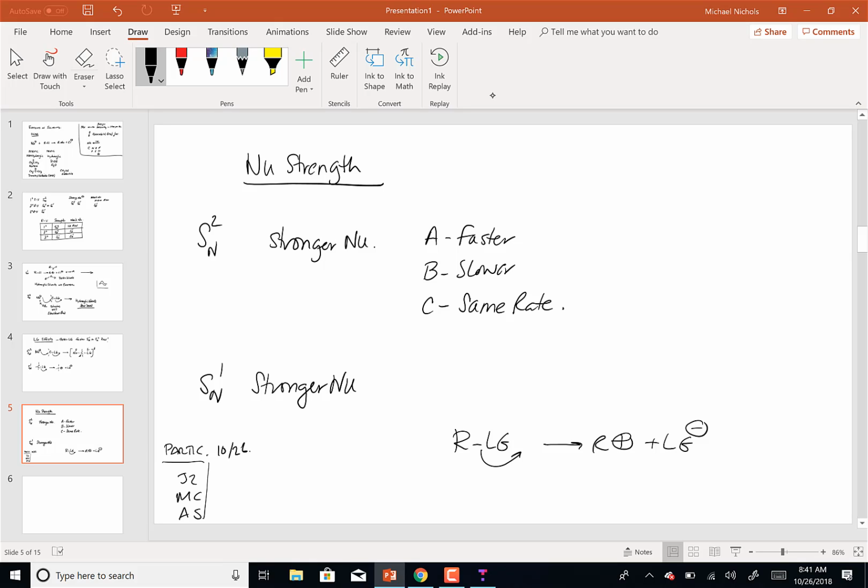Well, it's going to be based on leaving group ability, and it's going to be based on the stability of the carbocation. Right. With what kind of halide reacting fastest? Primary, secondary, tertiary.